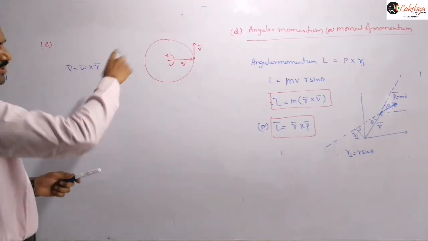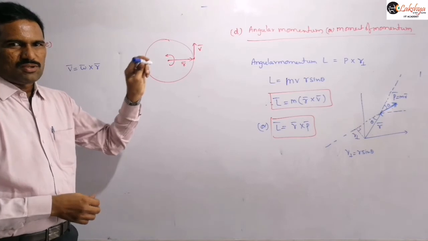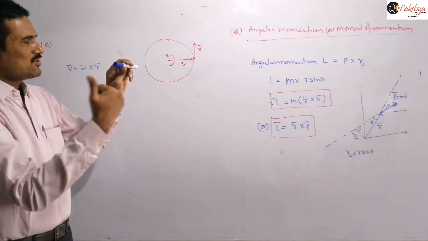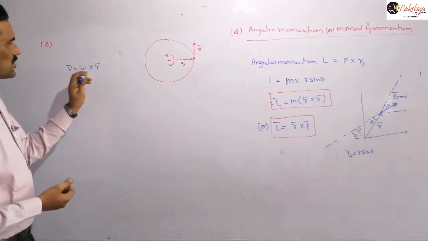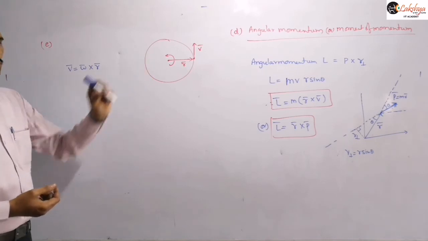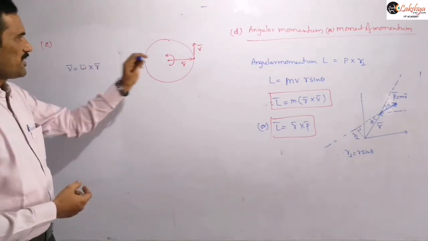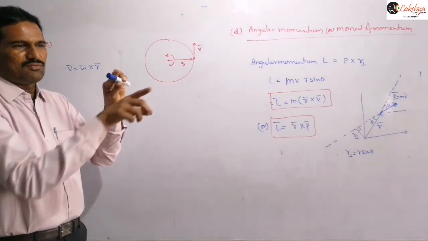If the particle is revolving like this, the angular velocity omega direction will be out of the plane, right? If you find the direction of these two vectors, it should be in the direction of this velocity. Omega bar is like this and r bar is the position vector of this particle.